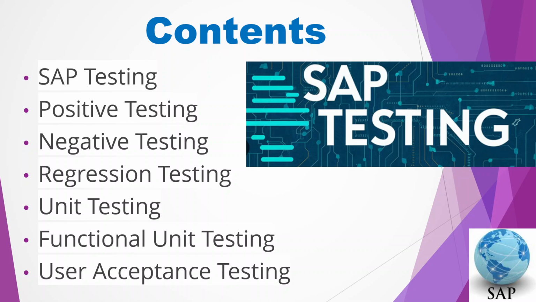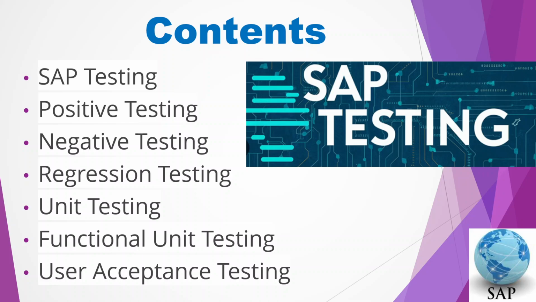So, as part of this video, here are the contents. We will understand what SAP testing is all about, what is positive testing, what is negative testing, and we will try to get some examples also.